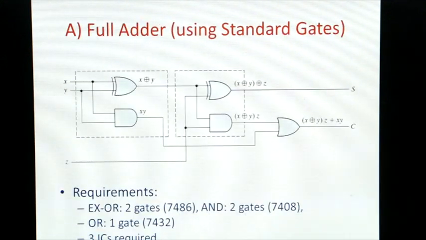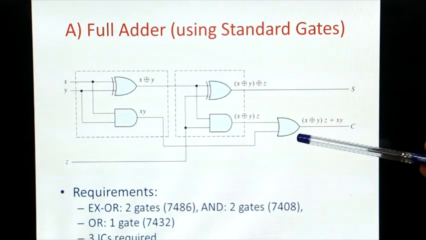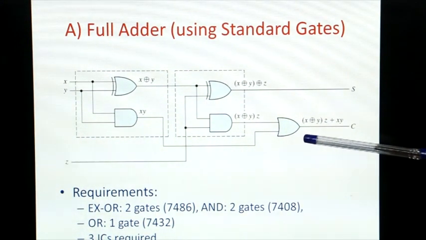The first one we are going to do will be a full adder using standard gates. As you can see, if you implement the full adder using standard gates, you need two exclusive OR gates, two AND gates, and finally one OR gate.